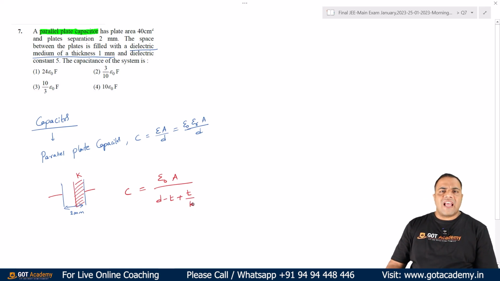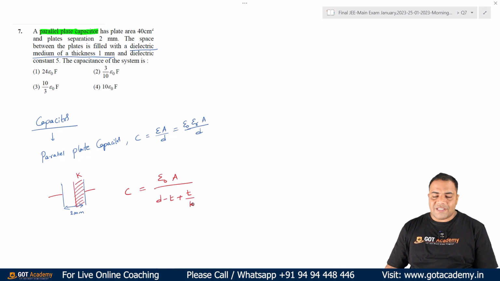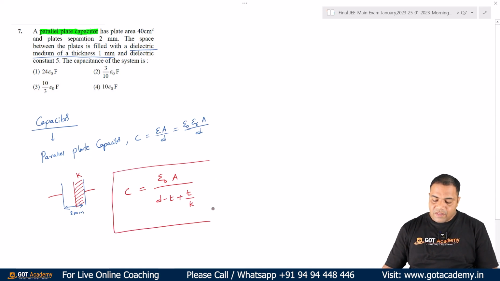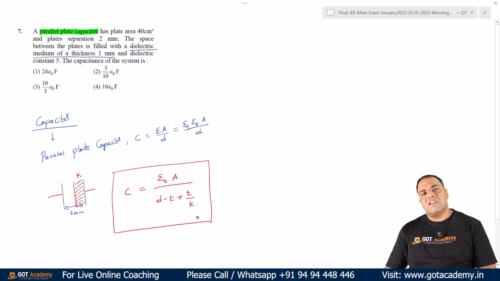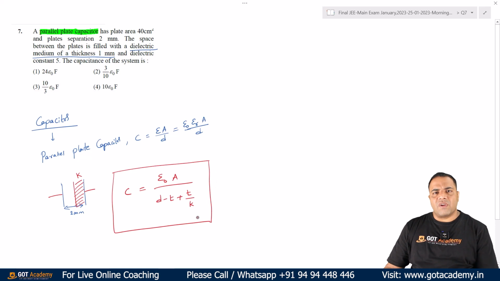Whenever a dielectric slab has been inserted between the plates of a capacitor, the capacitance is C equals epsilon naught A by D minus T plus T by K. Children, remember these formulas so that you can answer this question in a span of 1 minute.